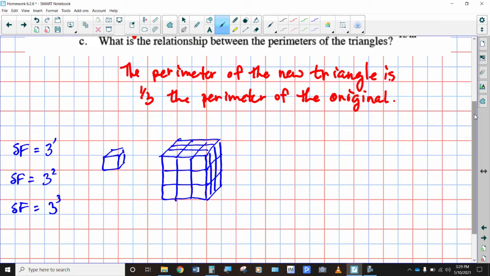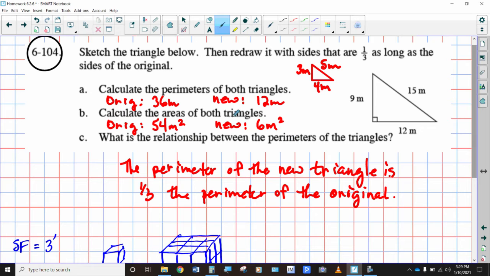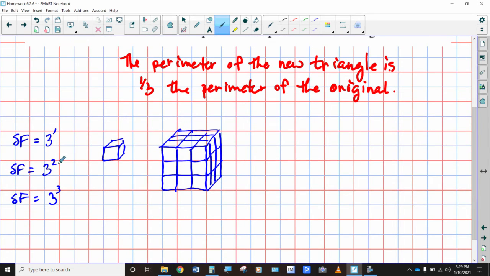Okay, so scale factor when we're talking about scaling objects only applies to the linear measurements. The area measures and the volume measures are not the same scale factor. They're actually exponentially higher scale factors to the second degree and to the third degree.